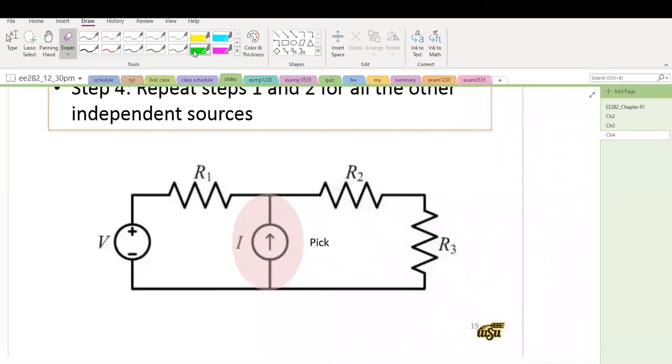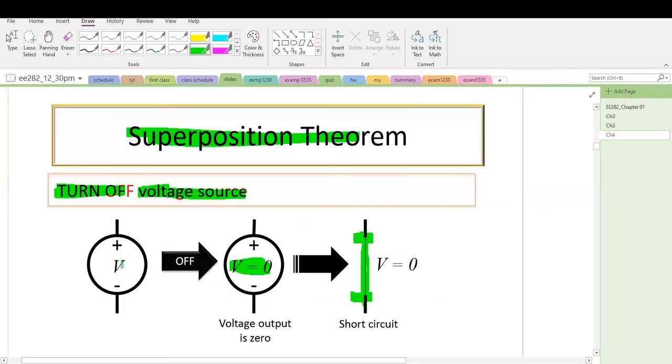Part 2, we're going to consider this independent source, the current source. At the same time, we're going to turn off this voltage source, in other words, remove it. How do we turn off the voltage source? The voltage is V. We want to turn it off, which means we want the value of this voltage source to go to 0, so V equals 0.